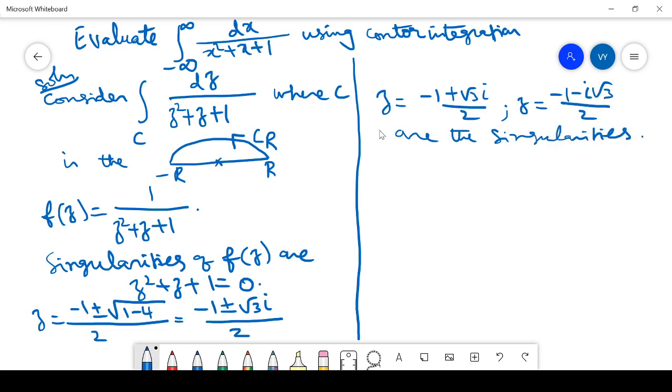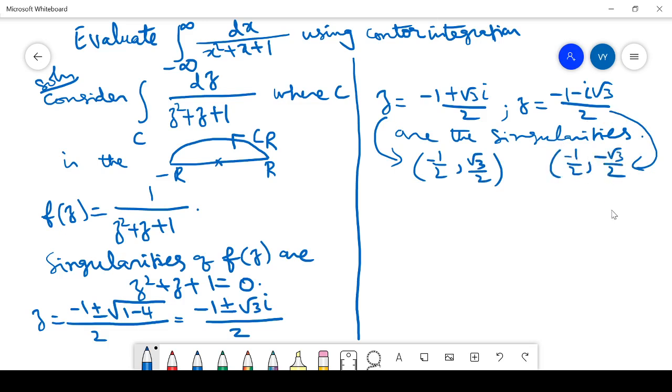I can write this point as minus 1 by 2 comma root 3 by 2 in the coordinate system, and this point as minus 1 by 2 comma minus root 3 by 2.